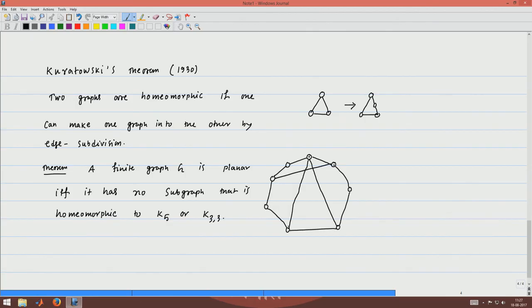These two vertices are adjacent and these two vertices are adjacent. Now, it is very clear that this graph is homeomorphic to K5 because we can see that this is K5.